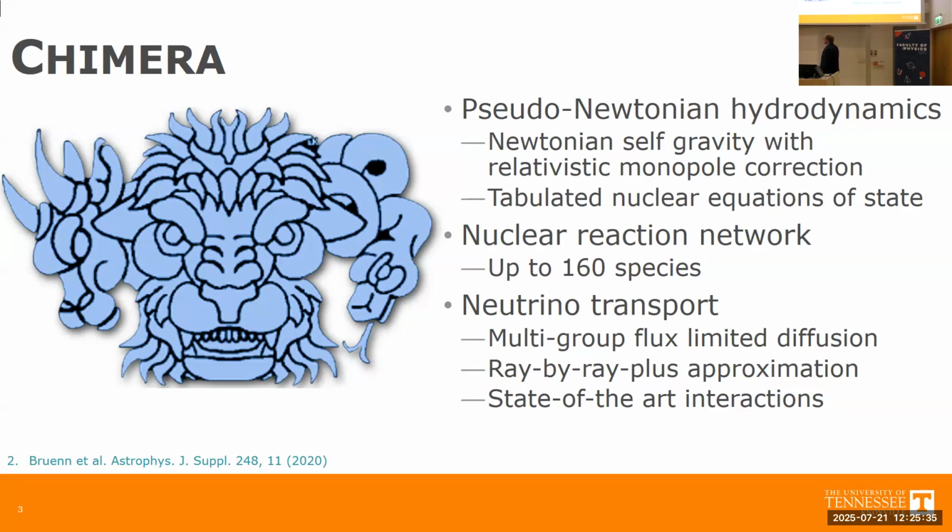And then perhaps the most important part, including state-of-the-art neutrino interactions, as many as we can, updating them as we can. This is a very high-level overview. The paper I cite at the bottom, we'll get into each of these things in as much detail as you want. But this is a high-level overview of the simulation code I'm going to be discussing the results of.